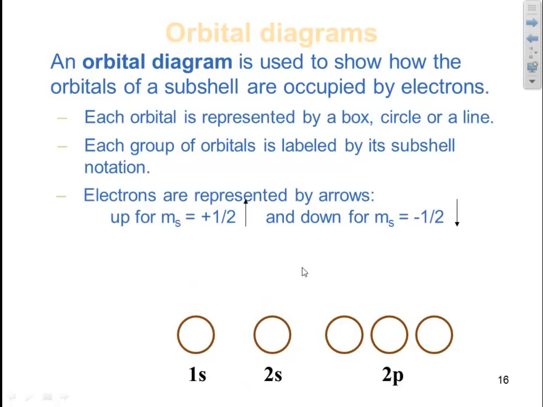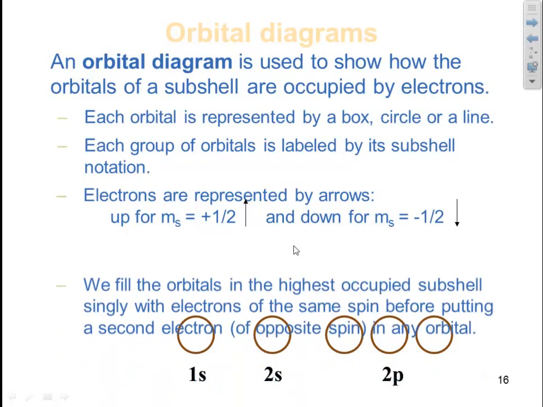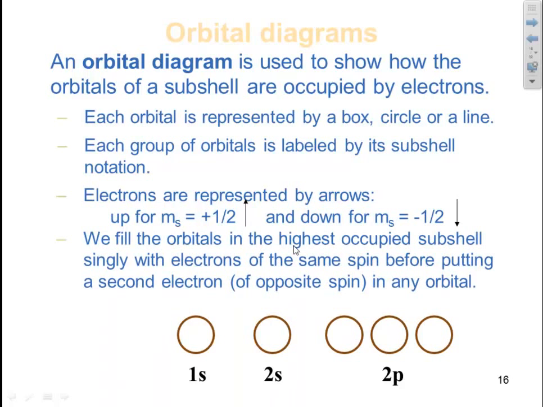Electrons are represented by arrows, up for ms +1/2 and down for ms -1/2. We fill the orbitals in the highest occupied subshell singly with electrons of the same spin before putting a second electron of opposite spin in any orbital. Let's look, for example, at neon. We have 10 electrons to account for.